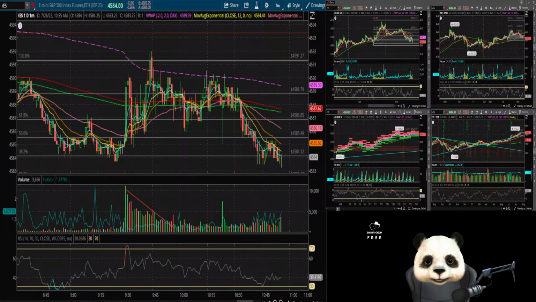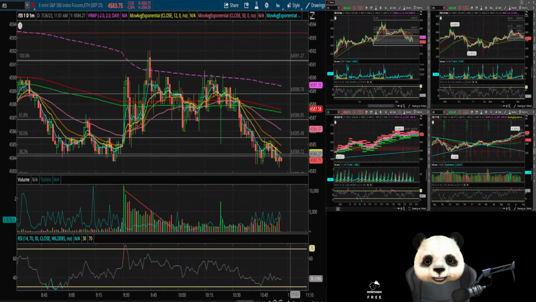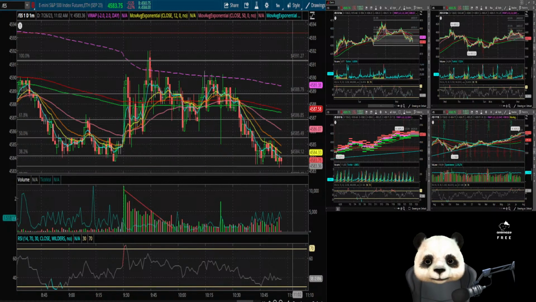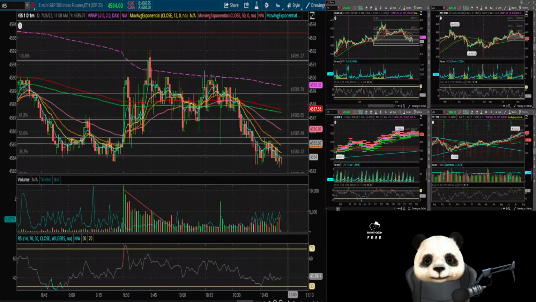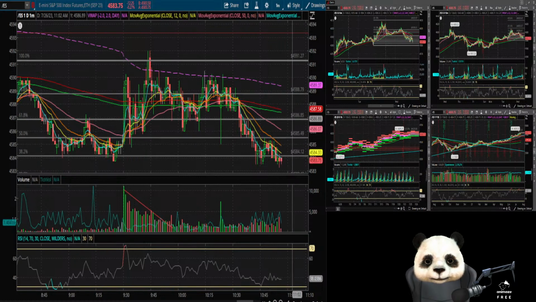I'm exiting this position. I didn't get my fill up here, and the more I'm seeing this, we're getting some selling pressure for sure, but if we pop back up from here, it's probably going up more. It's not the best short at the price I wanted.